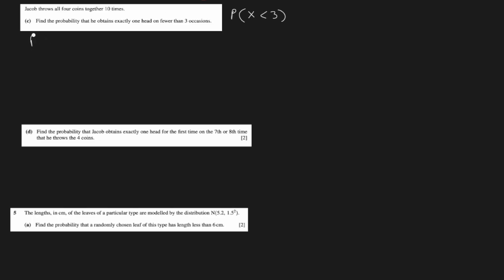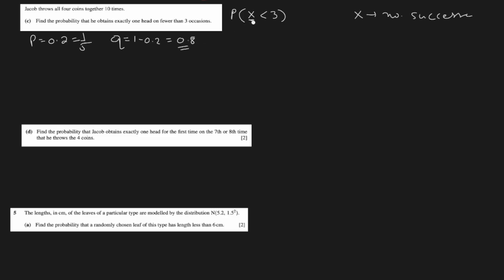So probability of success, which we write as P, is 0.2. 1/5 is written as 0.2. You can write 1/5 if you want. And so, the probability of failure, Q, will be 1 minus 0.2, which is 0.8. So X is the number of successes.